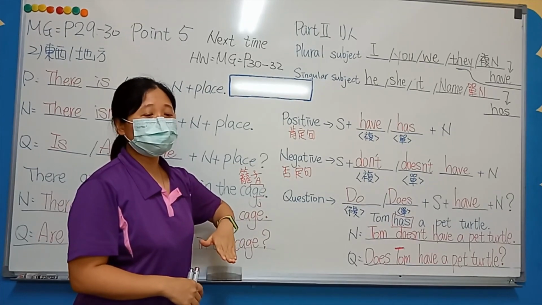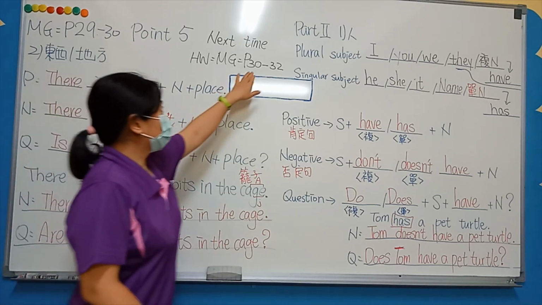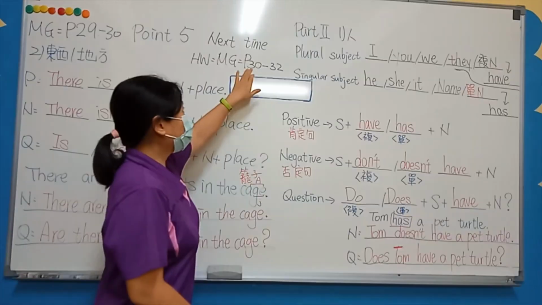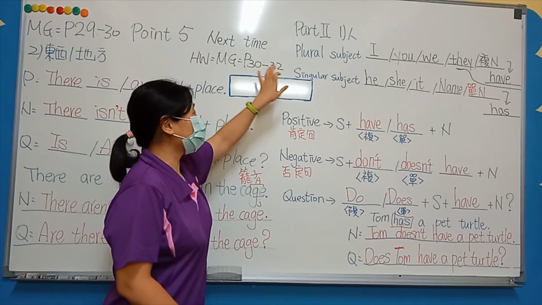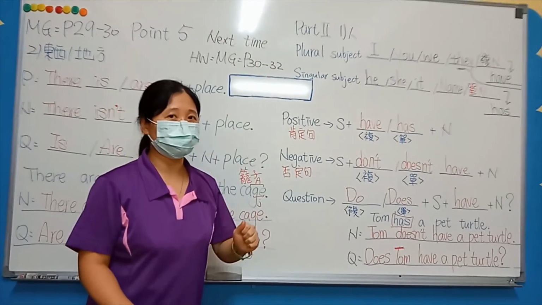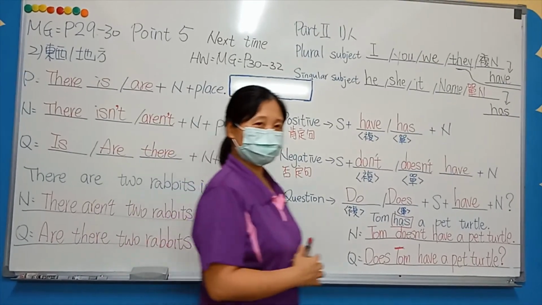Can you see after the sentence pattern this one? Okay? The bottom part, from page 30 to 32. Your homework. So don't forget to do it.